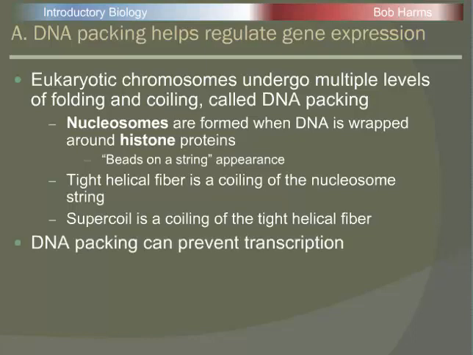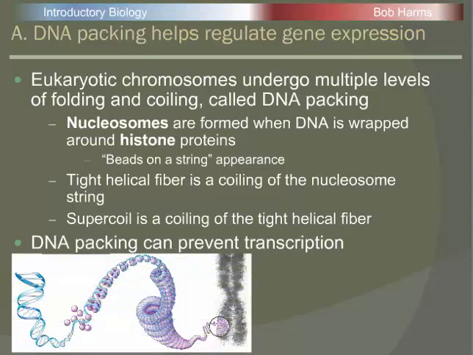And we know that when DNA is packaged up in this supercoil form, it's basically inactive, that the proteins to go from DNA to RNA can't bind to the gene and start transcription when it's packaged very tightly. And so one way that a cell can regulate its gene expression is by packaging up the DNA that will turn off the particular gene, or unpacking it into a more loosely packed form like the nucleosome form. Then that gene would be active.